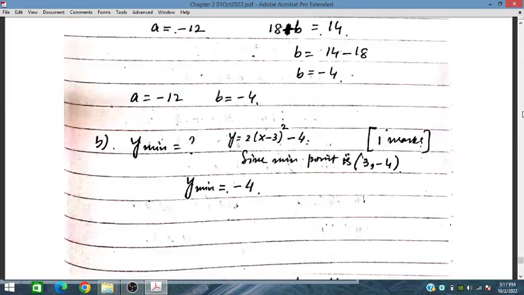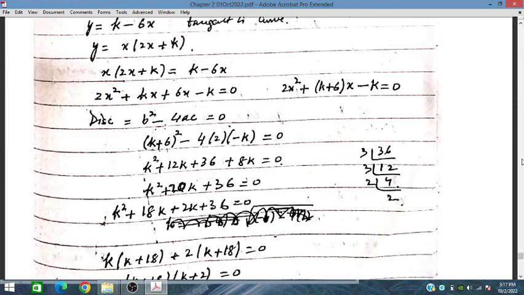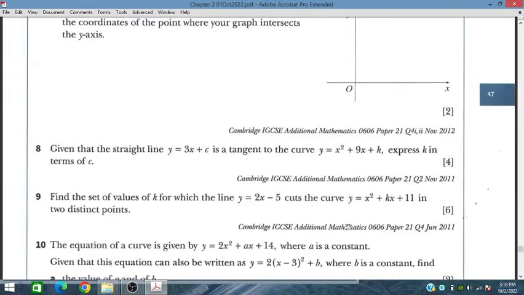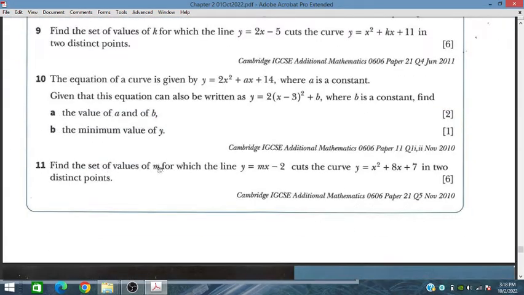So problem number 11. Find the value of m for which this line cuts the curve in two distinct points. We solve the line and the curve simultaneously to form a single quadratic equation, for which we find the discriminant greater than 0.